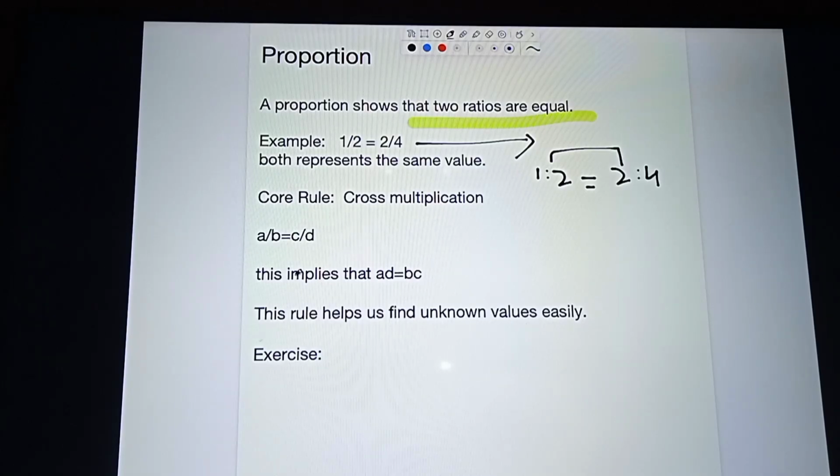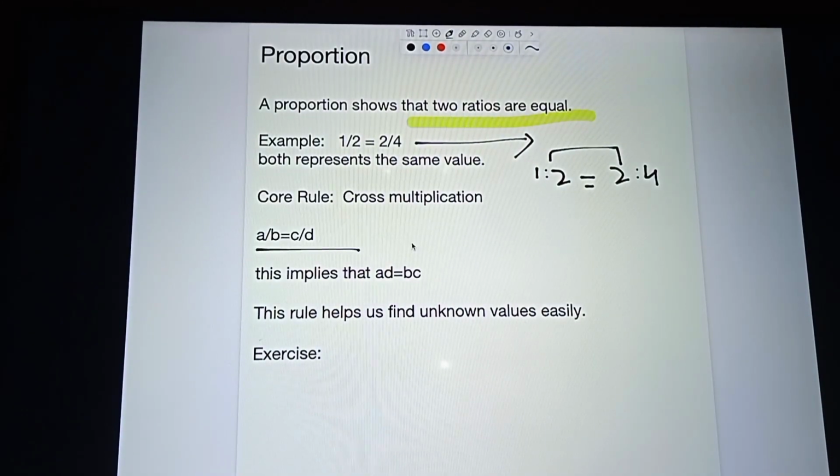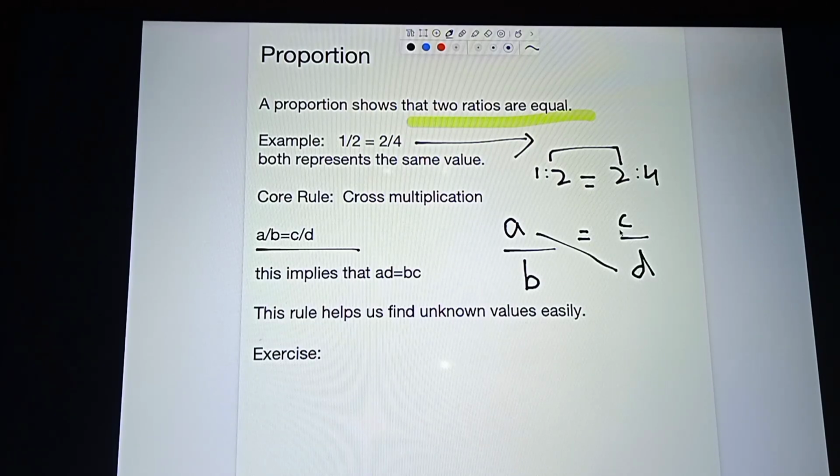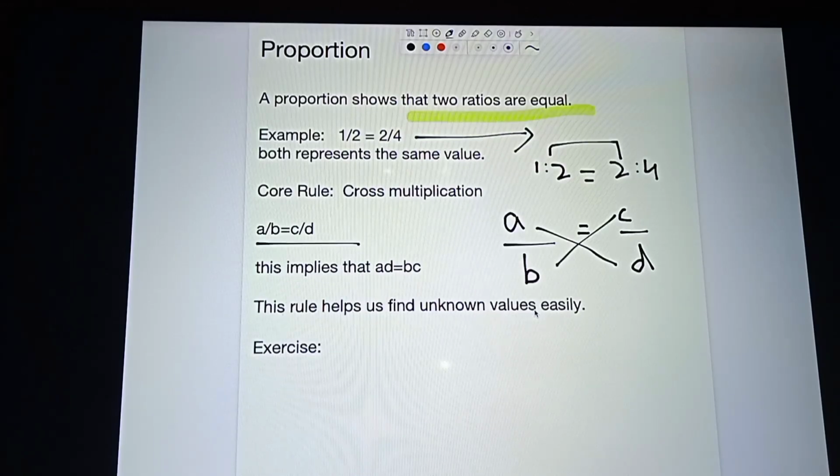This can be solved by cross multiplication. If we generalize it, if we denote one ratio with A divided by B and another ratio with C divided by D, then we can use cross multiplication to obtain the unknown values.